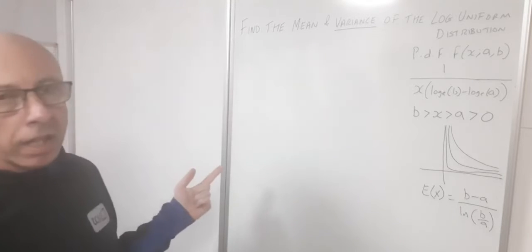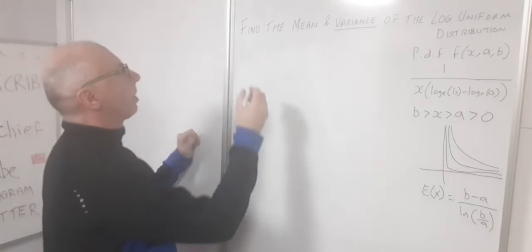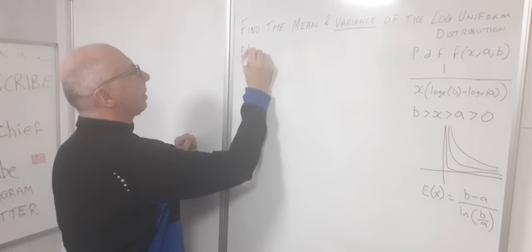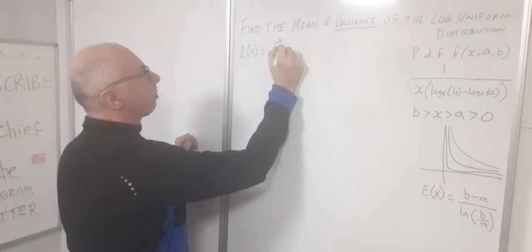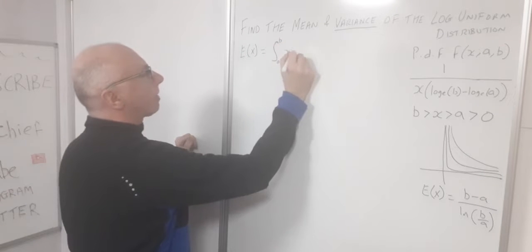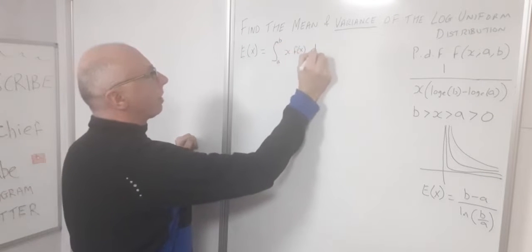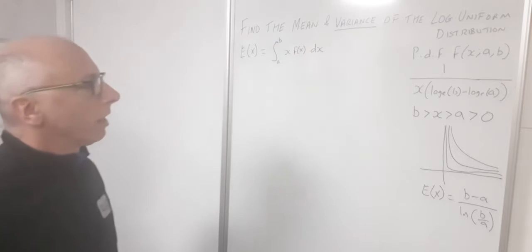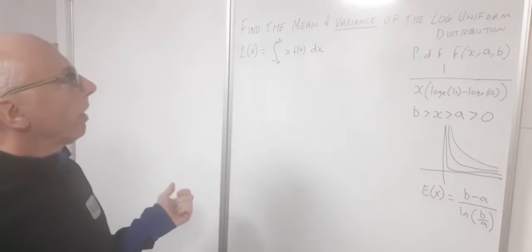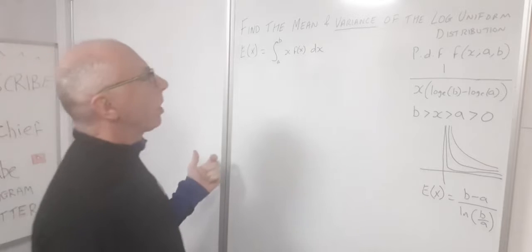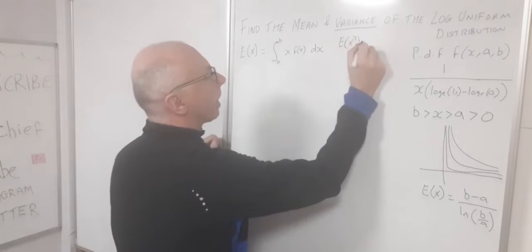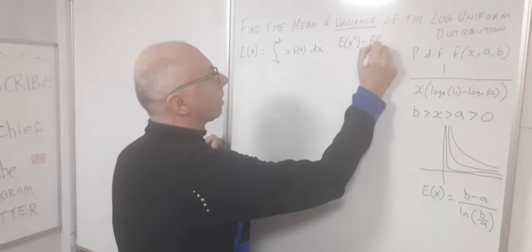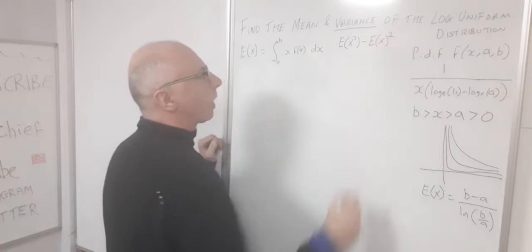So now on to calculating our variance. The mean in the last section, we had as the integral from a to b of x f of x dx. Now we want to calculate the variance. Our formula for that is E of x squared minus E of x all squared.